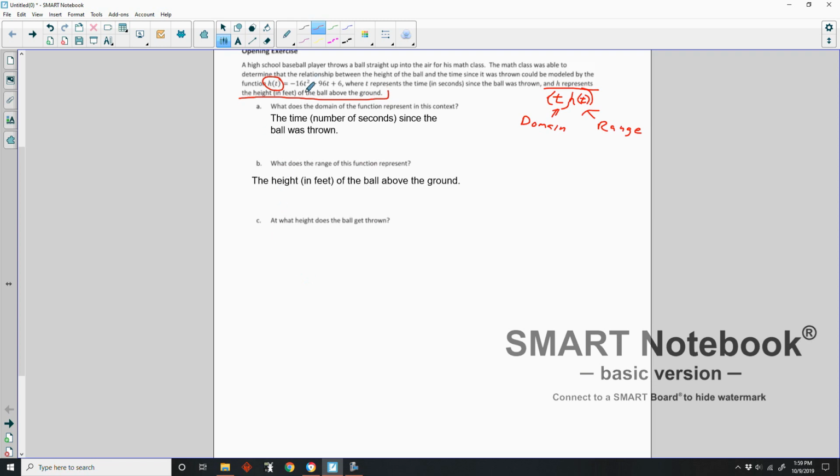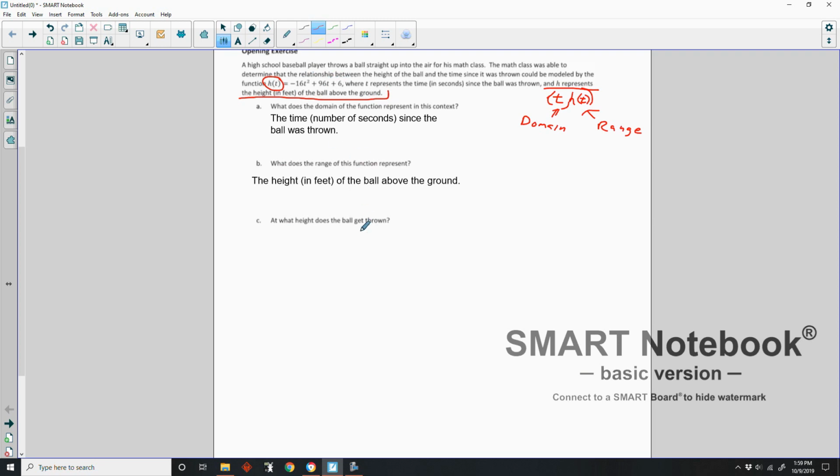So the ball is in the person's hand until they let go of it, and that is the height the ball is getting thrown. So if time is 0, negative 16 times 0 squared is 0, plus 96 times 0 is 0, 0 plus 0 is 0, plus 6 is 6.